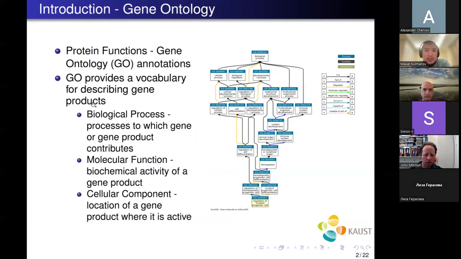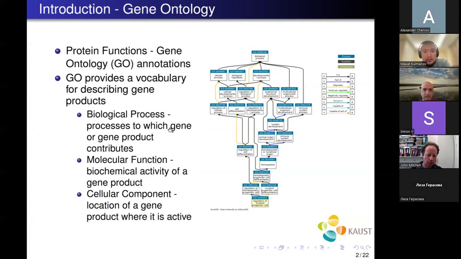It has three different sub-ontologies. Biological processes describe the processes to which gene products, proteins, contribute. Molecular functions are small functions that can be performed by a single protein or gene product. And the cellular component describes the locations where a gene product is active and present.